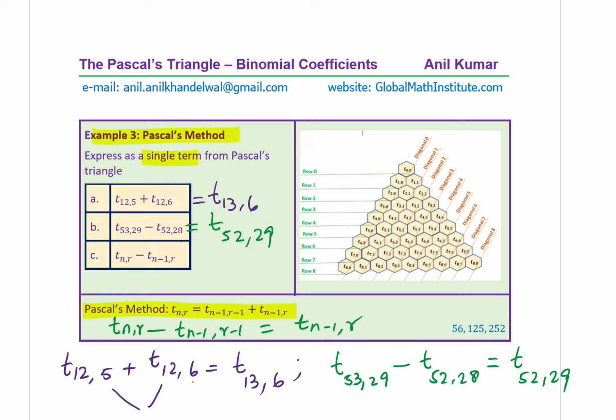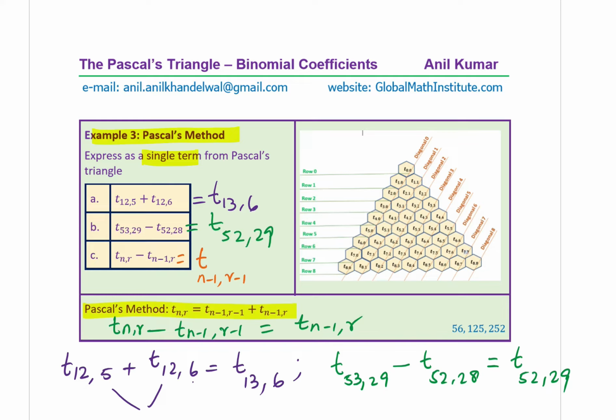Correct? Now the next one is, what is the value of Tn,r minus Tn minus 1,r? So that is the rearrangement of the formula itself. So let me rewrite this as T, n minus 1, of course. And since we have already written r, I'll take the other element on the left side, which is r minus 1.